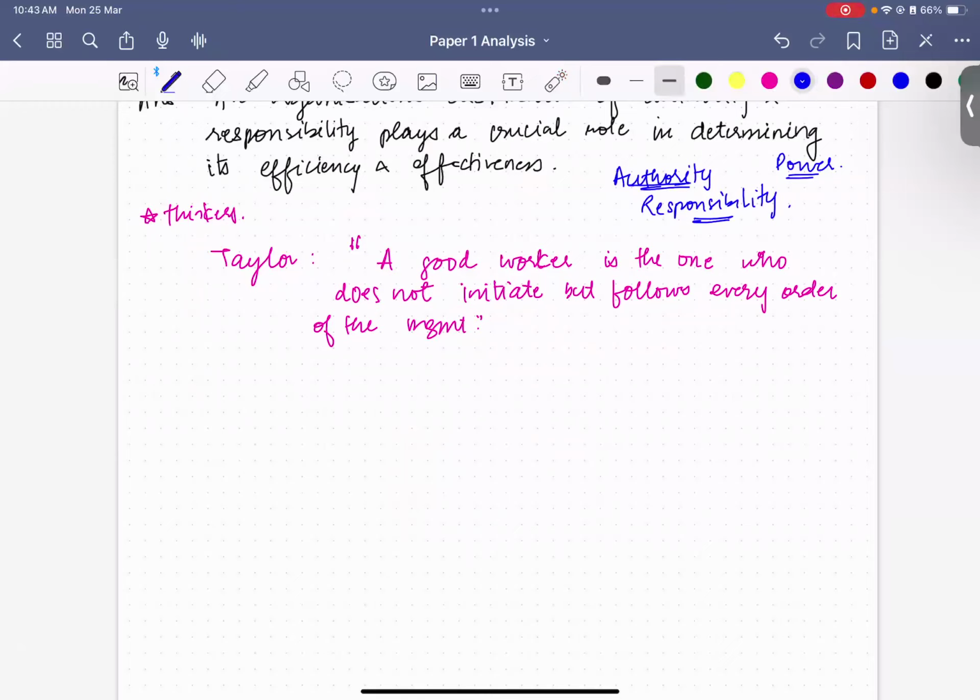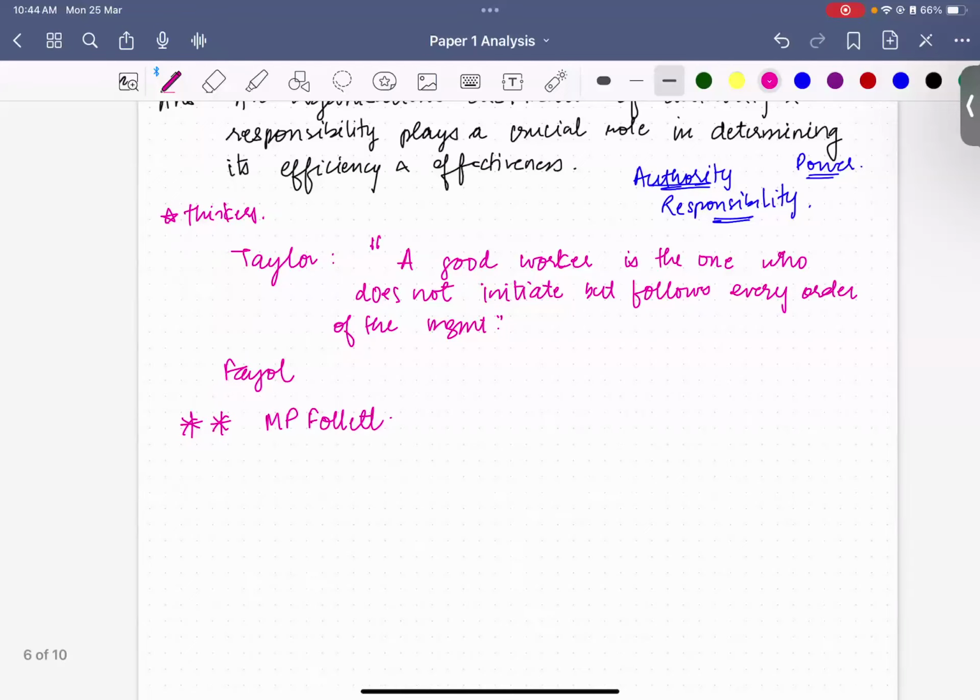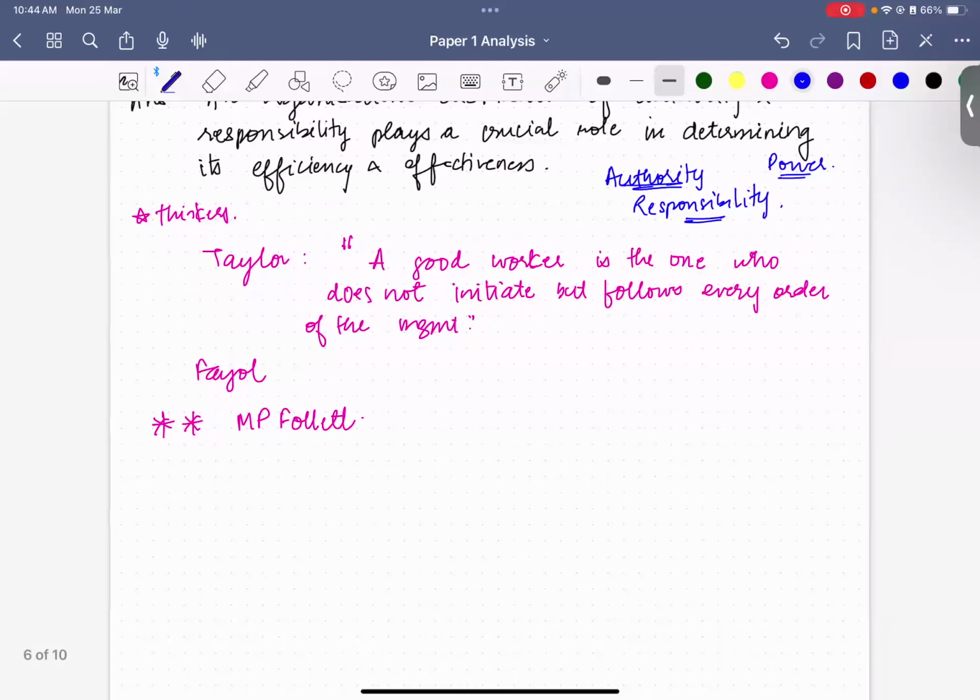What else? Fayol was also of the same view, because classical thinker, scientific management. Now, here the best explanation is given by MP Follett in terms of authority and responsibility.